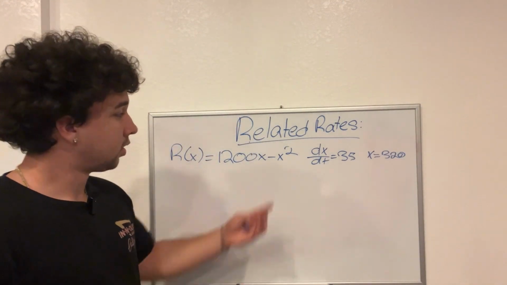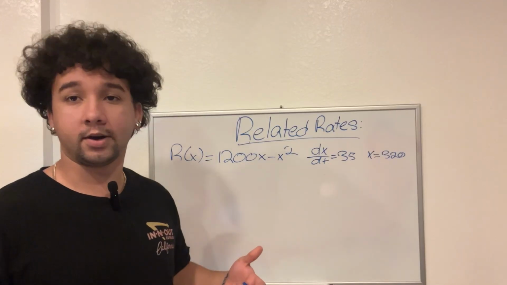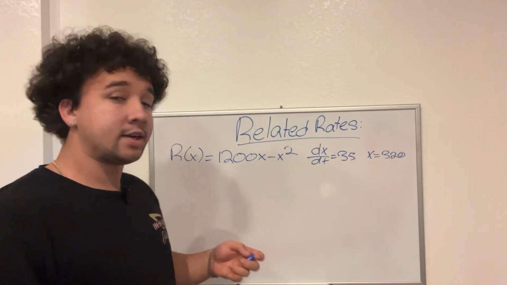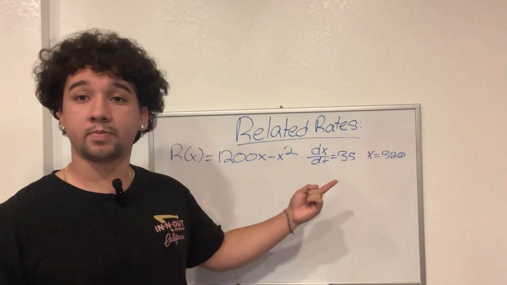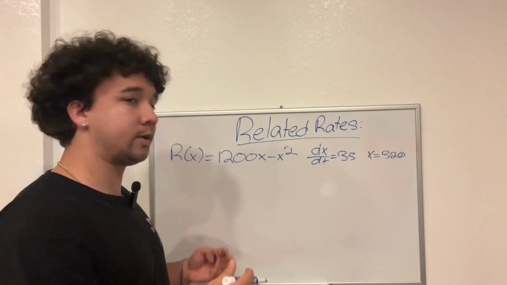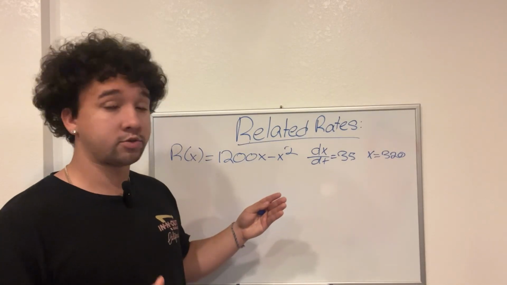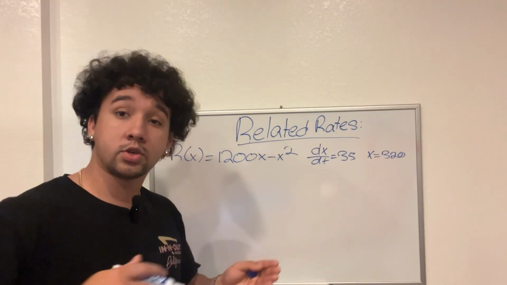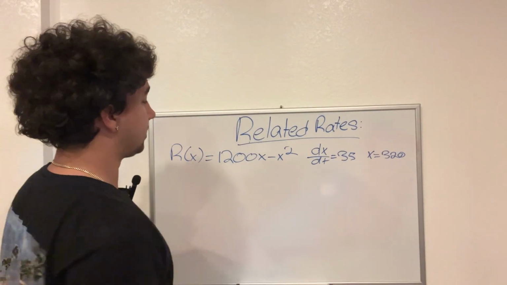So, what is this? dx/dt is something called implicit differentiation. Essentially, we are taking the derivative of x with respect to something else. So not only are we trying to find the instantaneous rate of change of x, we're trying to find it when there's also a rate of change in t as well. It's a combination, which gives us this idea.